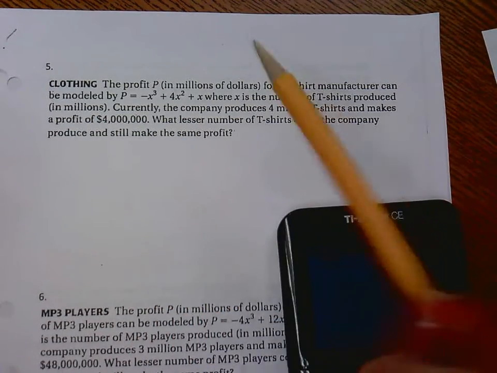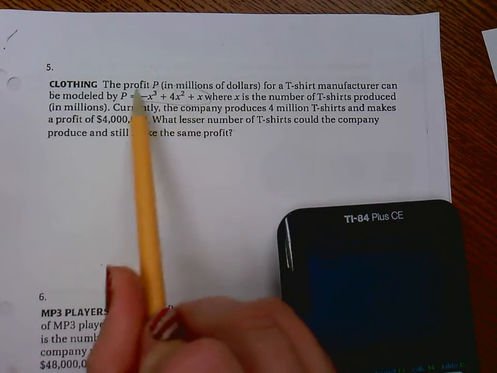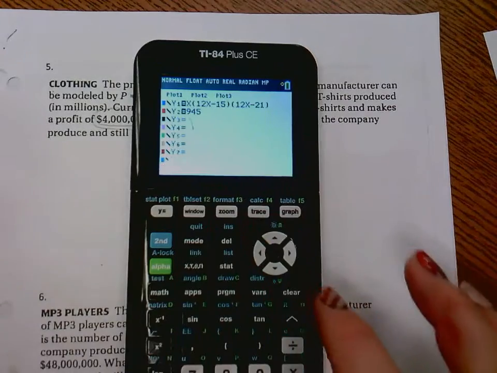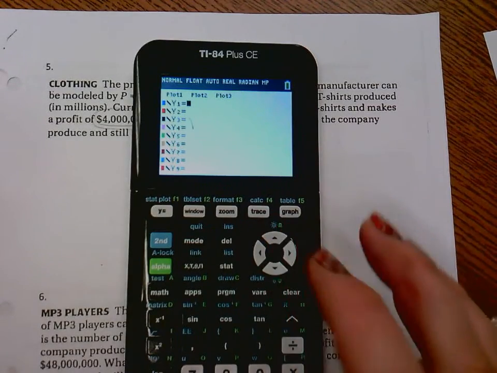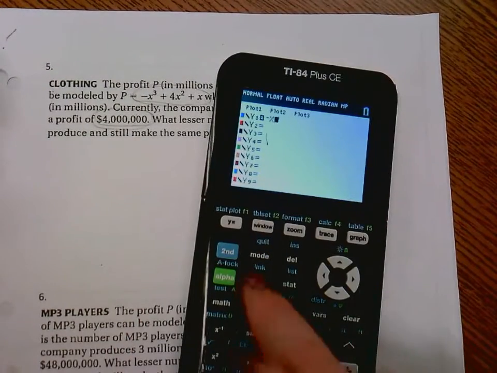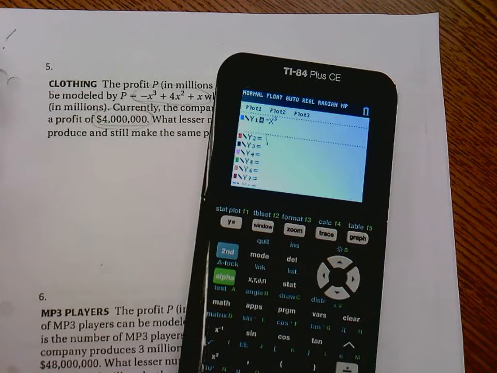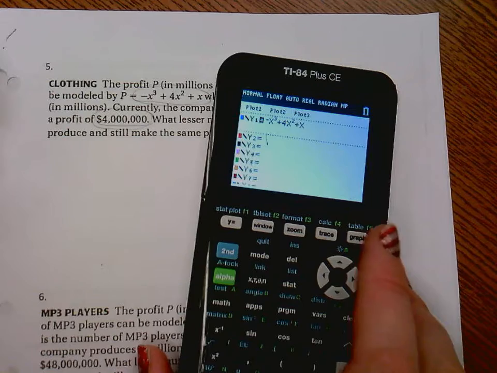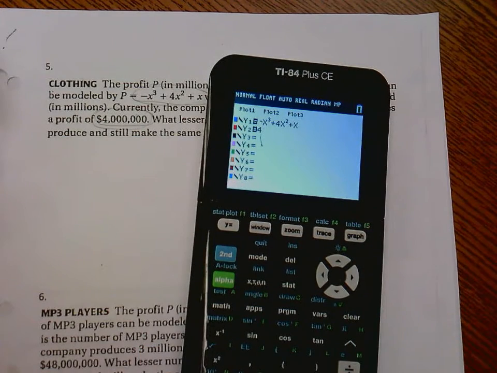So again, we're going to plug this into our y equals menu and this into y2 as a horizontal line. We want to figure out another intersection point on the graph. Negative x raised to the third power plus 4x squared plus x, and 4 million.